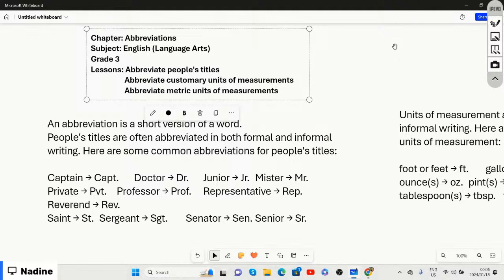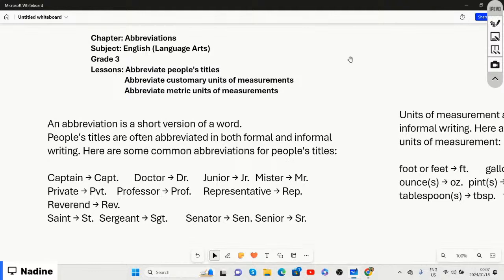And in our previous lesson, we basically abbreviated days of the week, and we abbreviated months of the year, right? And we specifically stated that an abbreviation is a short version of a word. And when we abbreviate days of the week, we usually abbreviate it to the first three letters of the specific word.